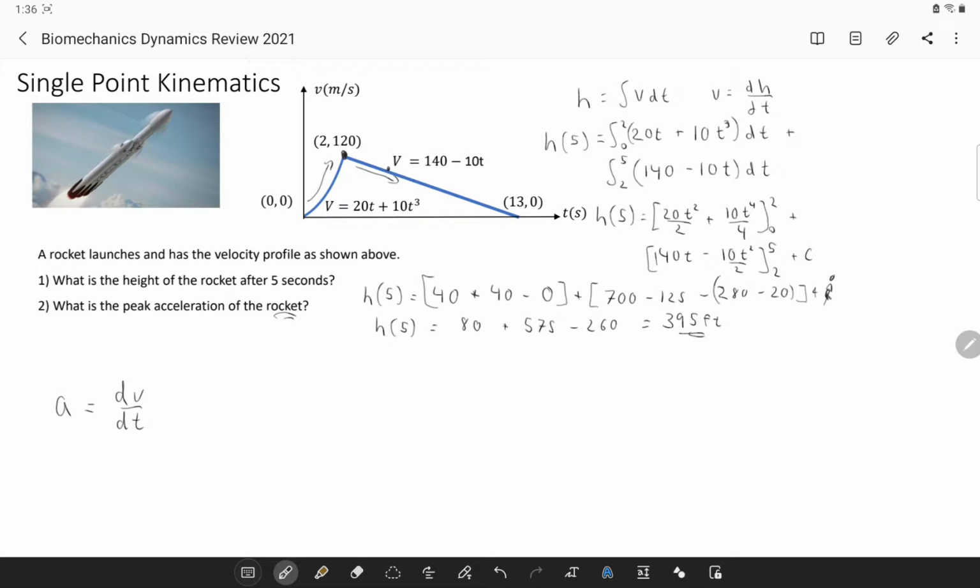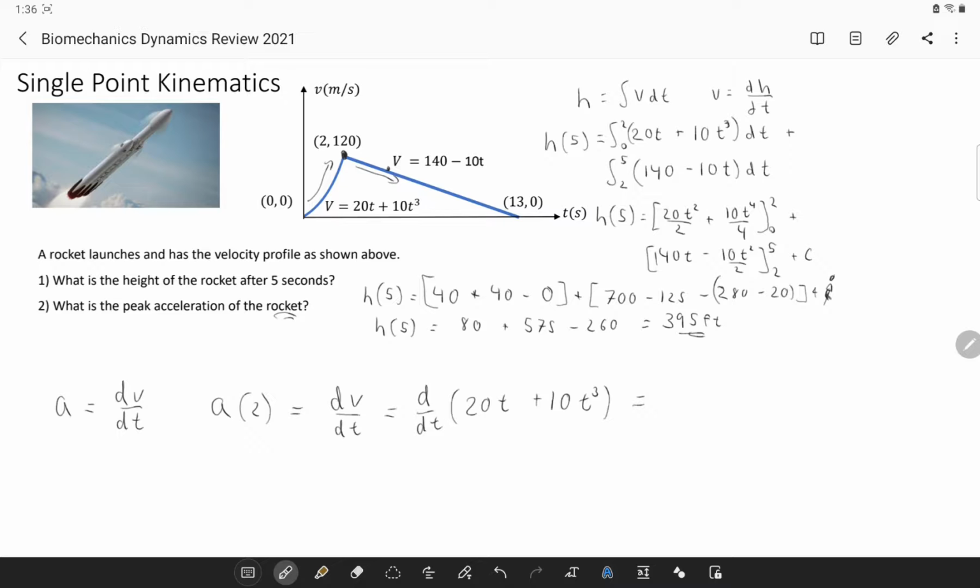So if I know that the peak occurs at that point, I can look at the acceleration at 2 seconds, which is the derivative of my velocity function at that specific time, at 2 seconds.